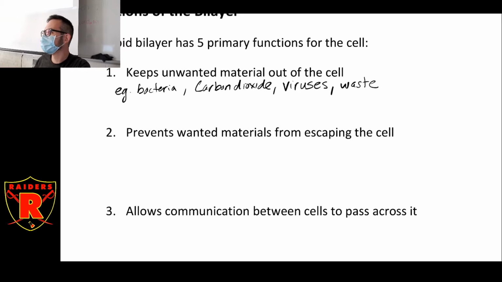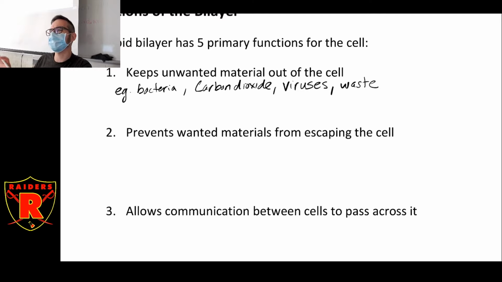What else? Don't they take out like sugar and stuff? Releasing sugar, the liver does that. The liver releases sugar into the blood for the muscles and stuff to use. I wouldn't say that it's necessarily an unwanted material though that cells are trying to keep out. If it does too much, then you're right, in that case it would be.